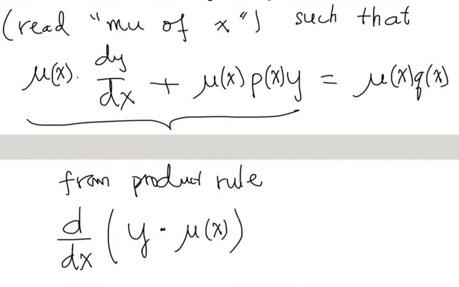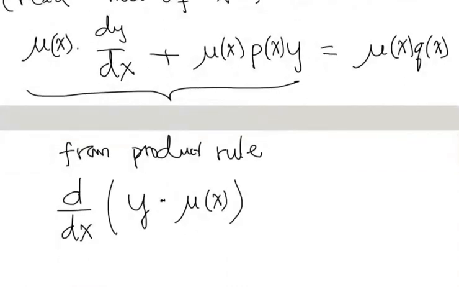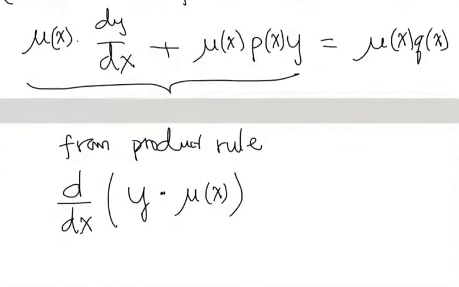We need to find this mysterious mu of x so that after we multiply the equation through by mu of x, the left side is the derivative of a product.